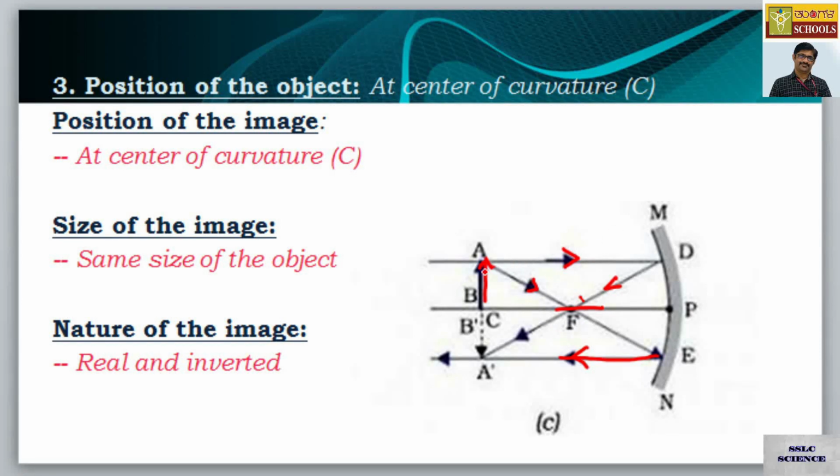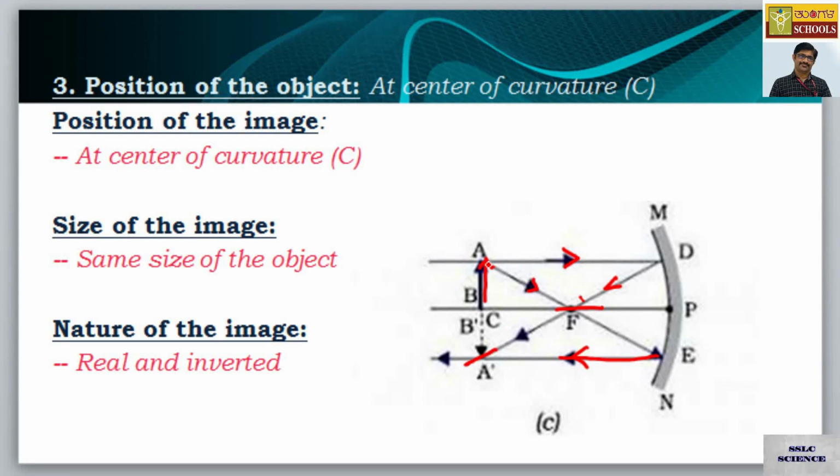Okay, so when these two rays are passing from point A, the one which is parallel to the principal axis should pass through principal focus F. Another ray which is passing through the principal focus F is moving parallel to the principal axis after reflection. So in doing so, they are crossing each other at this point.